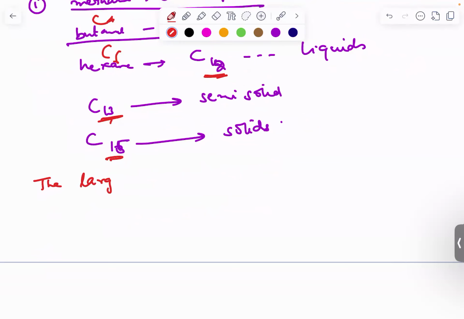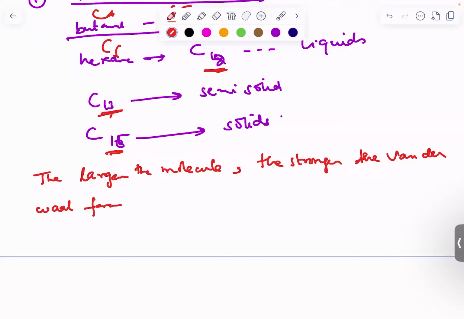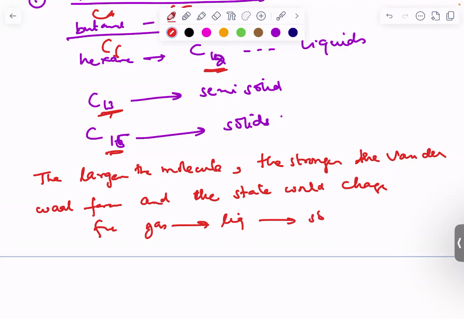So the larger the molecule, the stronger the van der Waals forces, and the state would change from gas to liquid and eventually solid.